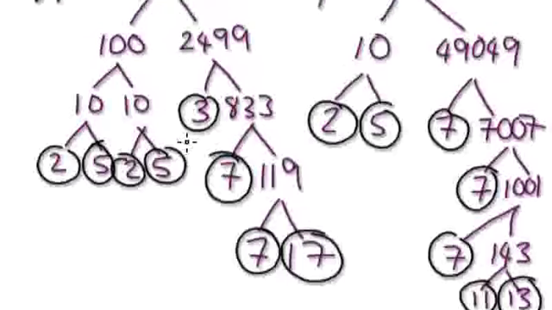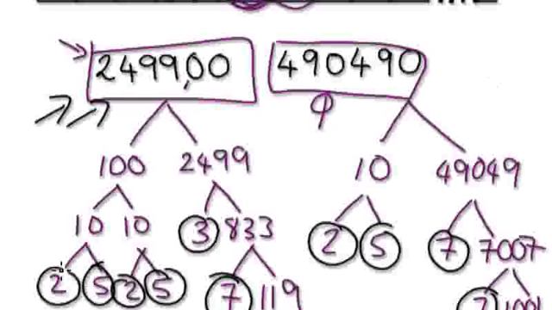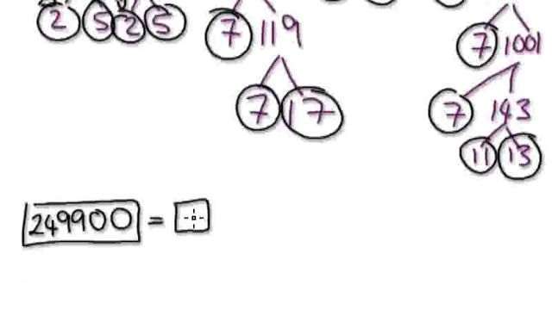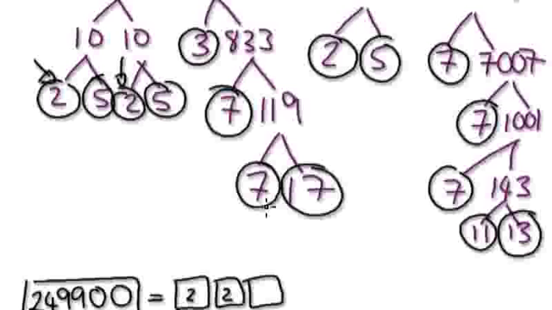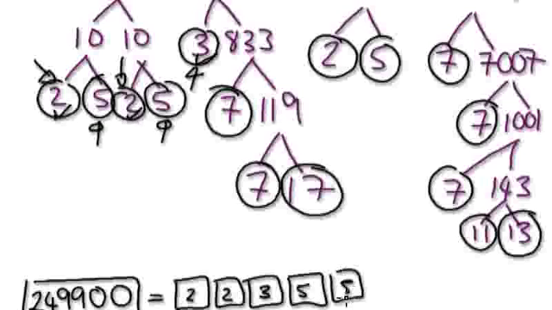So this number here will be 2 times a 2, times a 3, times a 5 times a 5 times a 5, and then 7, 7 and 17.